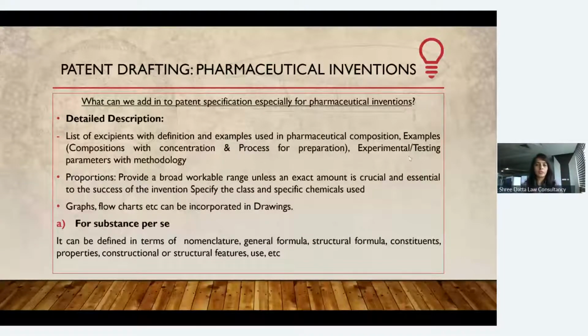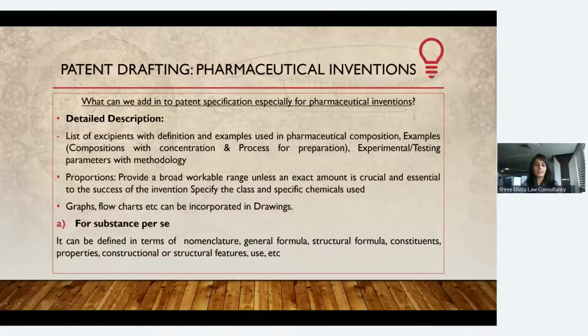If it is a pharmaceutical or chemical-related invention, in the detailed description you can write down the list of excipients with definitions. Like, if a super disintegrant is used, what is the actual definition from the technological and pharmaceutical perspective, what is the meaning of super disintegrant, and what are some general examples for that.